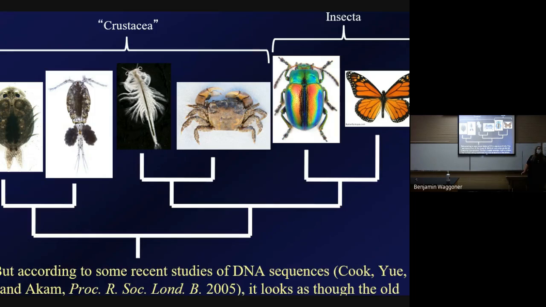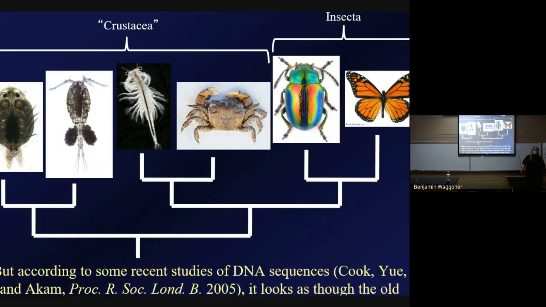There's a branch point down below, right there. That point where the branches are coming from represents a common ancestor of all of the critters that you see. That common ancestor gave rise to all of the Crustacea, but it also gave rise to all of the insects as well. The last common ancestor of everything we've been calling a crustacean was also a common ancestor of everything that we've been calling an insect.